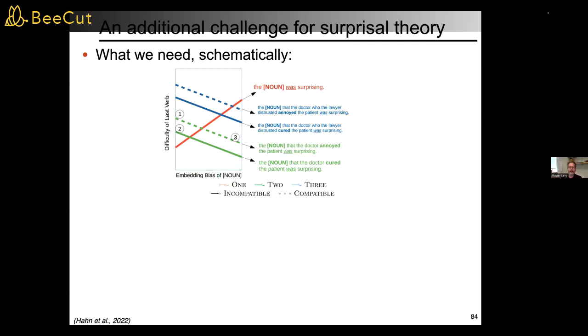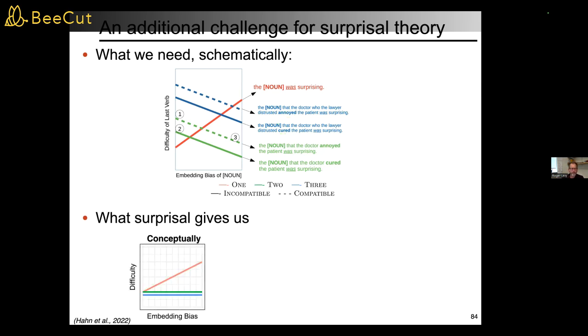Not getting an embedding is surprising, but if there is an embedding, then the word was after the embedding gets less surprising and less difficult the higher the embedding bias is, because your representation of the context improves. Okay, and there's a secondary effect, which is that if I change the word annoyed to the word cured, which makes it clear who's doing what to whom, then that also makes things easier.